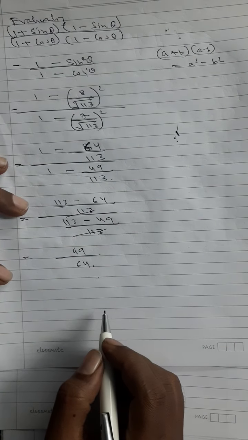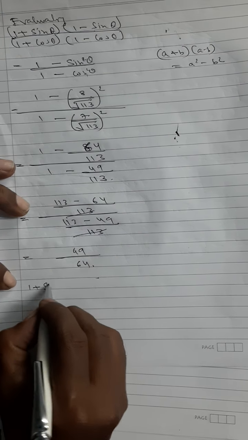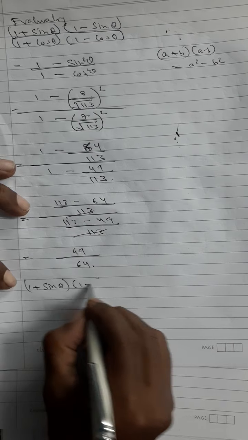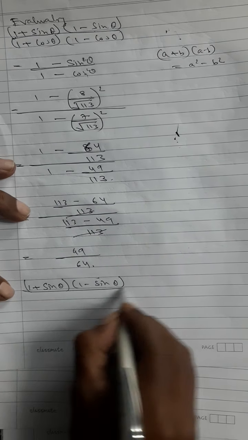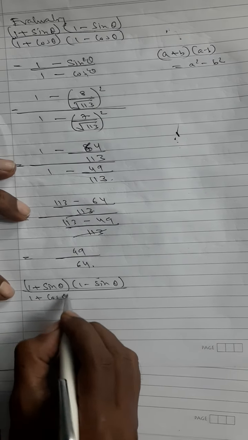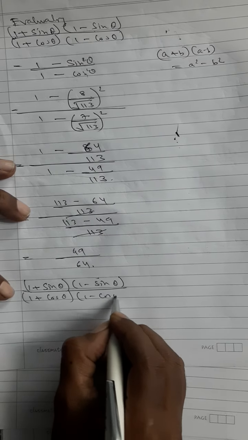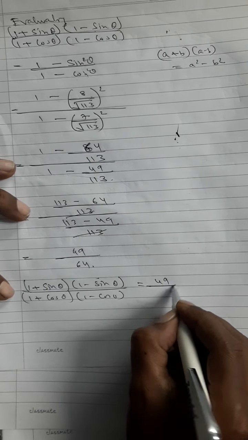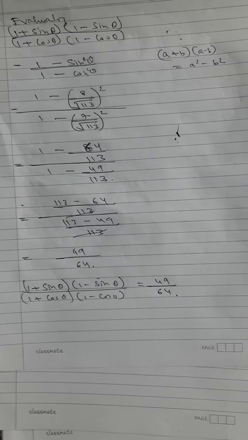This is the value of (1 plus sine theta)(1 minus sine theta) upon (1 plus cos theta)(1 minus cos theta): 49 upon 64.